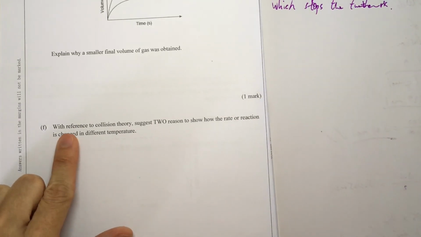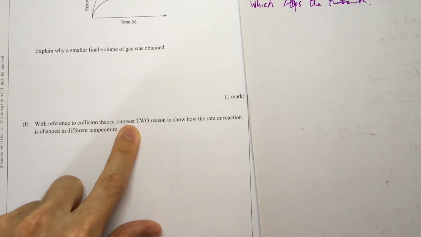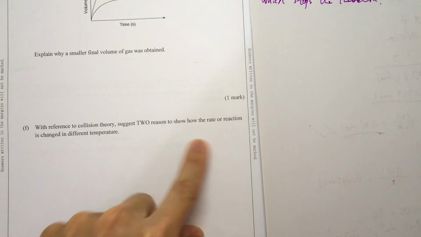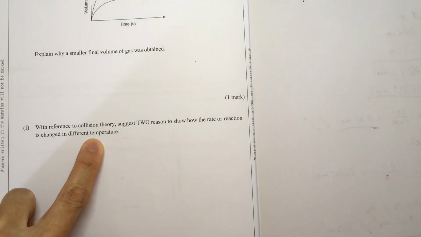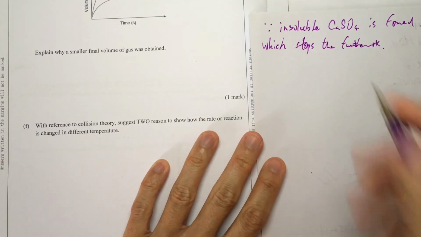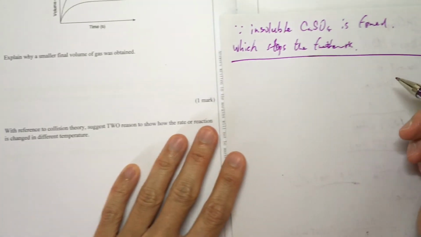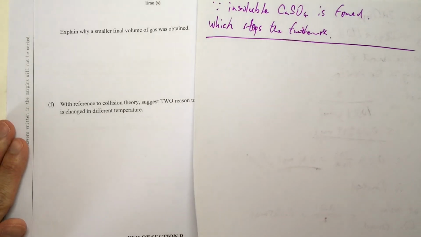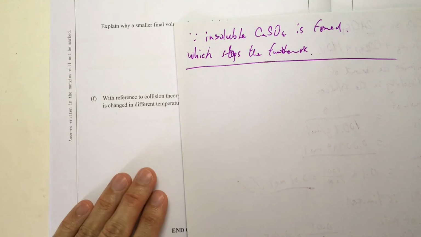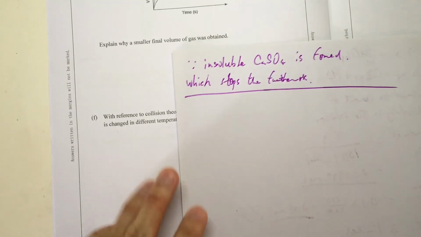And finally, refer to the collision theory, suggest 2 reasons to show that the rate changes at different temperature. You are requested to discuss the effect of temperature on the reaction rate. Okay, there are 2 aspects.